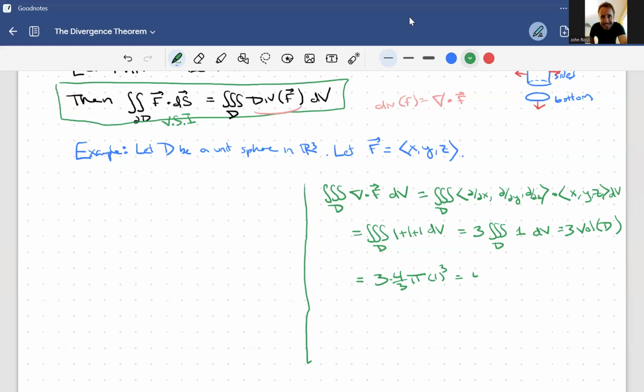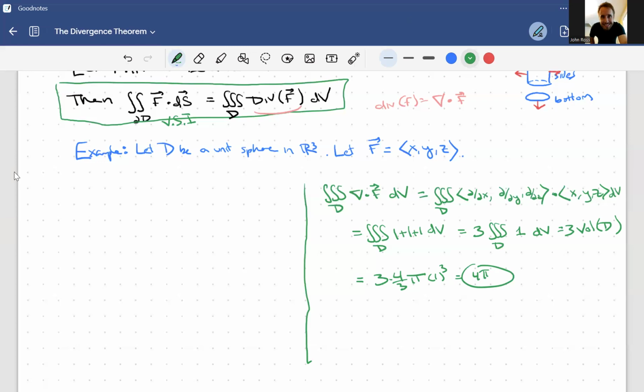And we're going to end up just getting 4 pi here as our answer. So if we had a more complicated integrand, if we weren't just integrating up 1, we would probably need to use spherical coordinates or some sort of clever coordinate system to compute this triple integral. But lucky for us, in this case, that is not so.